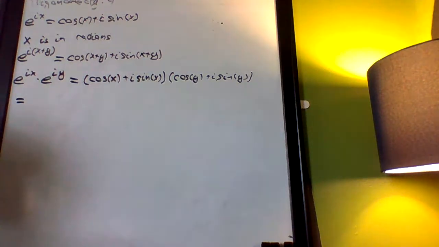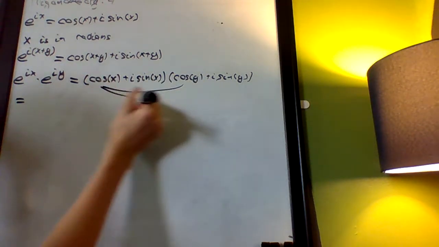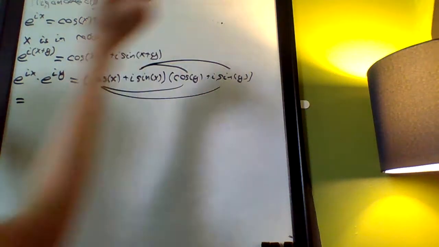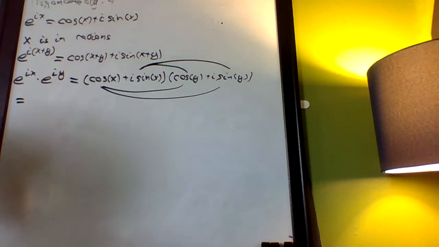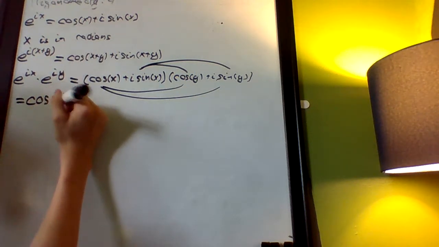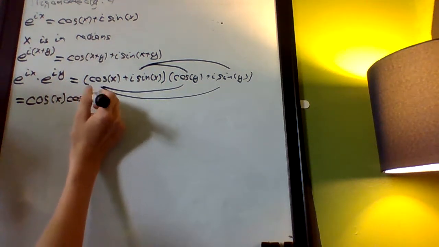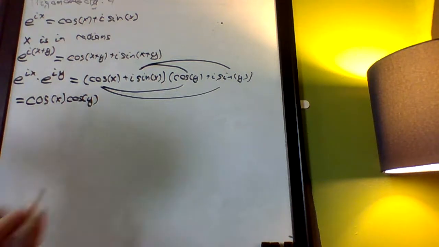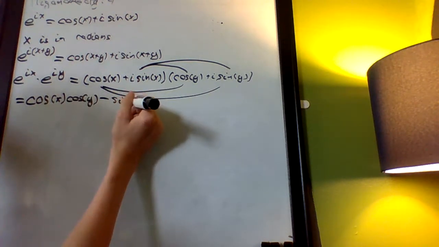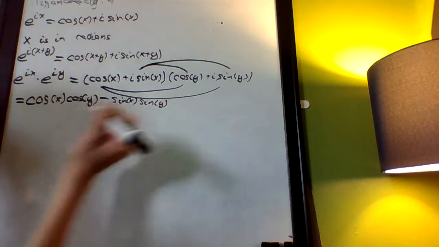Let's go and see what this gets us. Well, double distribute. In total, we'll get cosine of x times cosine of y. We're subtracting off of this sine of x times sine of y, right?